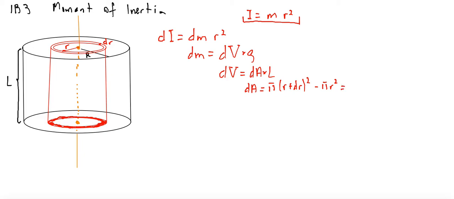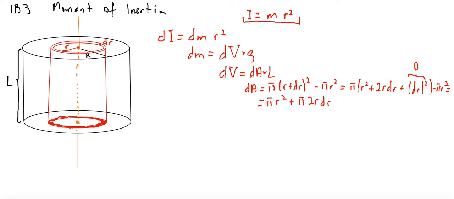I can write this as pi r squared plus 2r dr plus dr squared, minus pi r squared. But what is this dr squared? If dr is infinitely small, then dr squared will be close to 0. So I can assume that this is 0, obtaining pi r squared plus pi 2r dr minus pi r squared, and pi r squared minus pi r squared is cancelled, so I have 2 pi r dr.